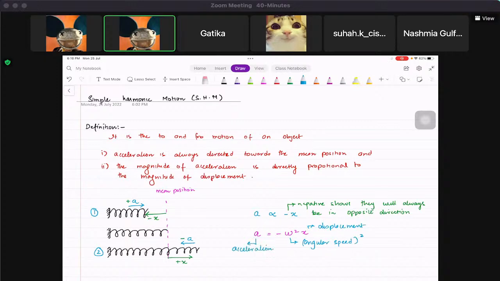Now this is what I will prove later on, how this is possible, but for now just remember this is the most important formula that you need to remember. All right, okay, please write this down.